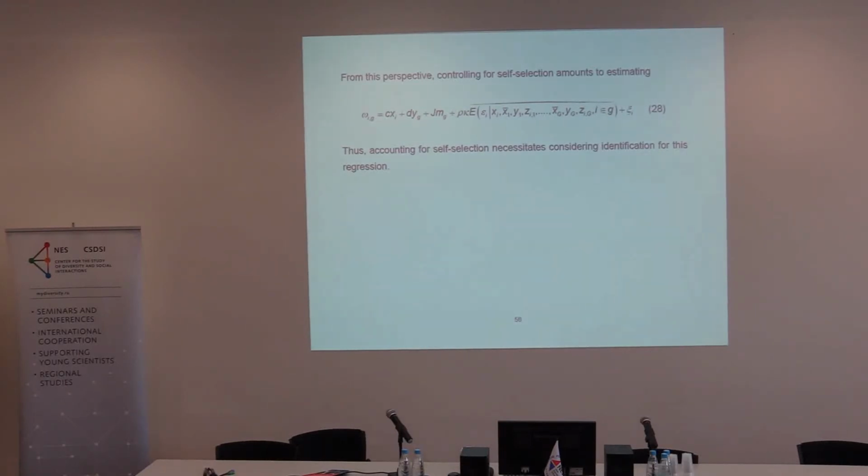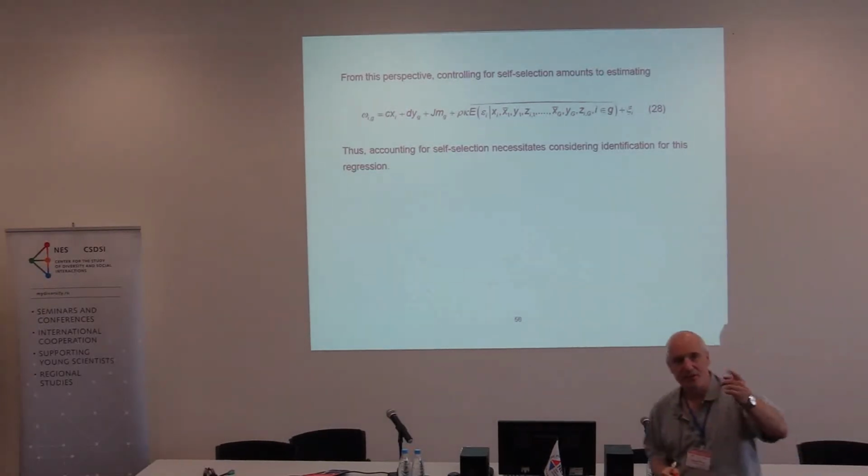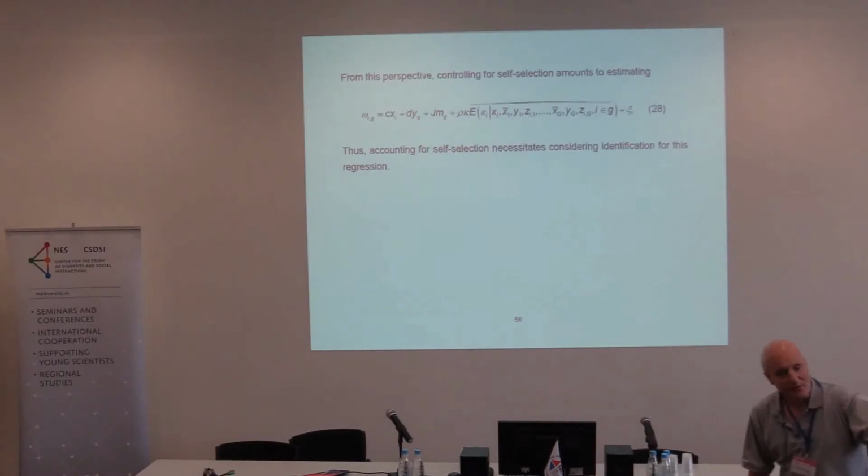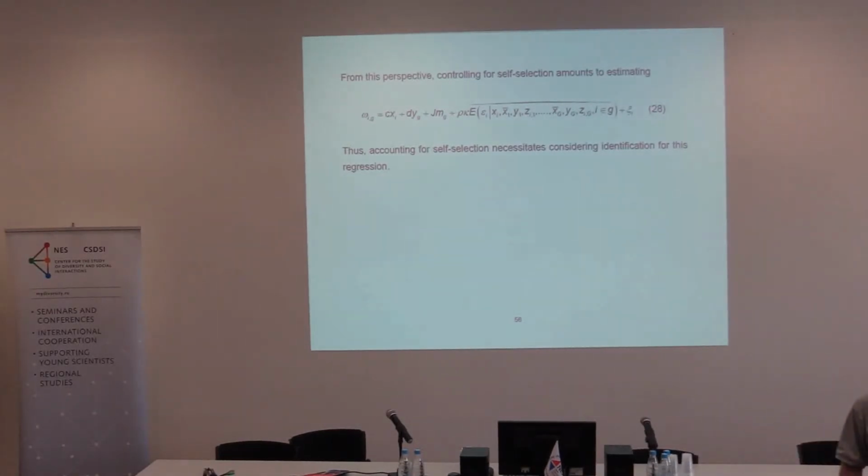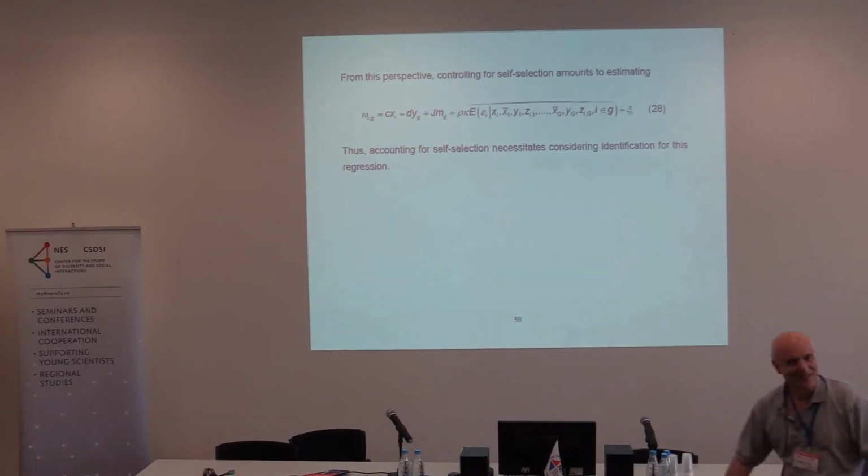Is the selection correction a group level variable or an individual level variable? It is an individual level variable. My selection correction differs from your selection correction. If you live in Beverly Hills and your parents have $100 million and my parents have $5,000, we get different selection corrections. Does everyone see that?